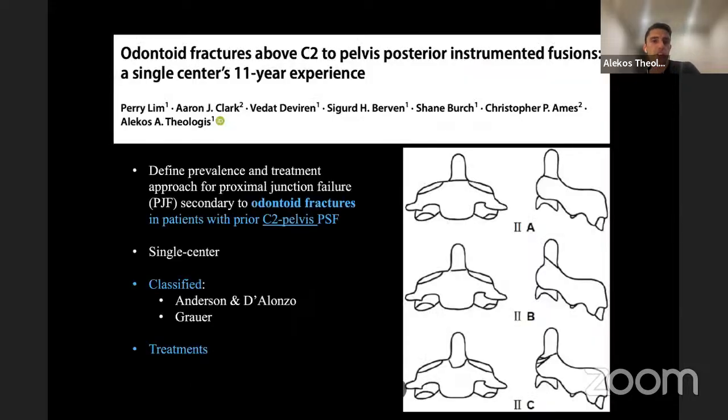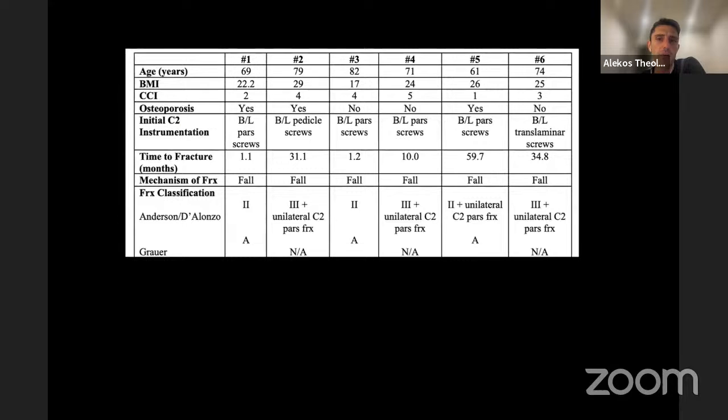We did a study recently, a single center study just at UCSF, looking at all our patients C2 to pelvis. We looked at those patients who developed dens fractures versus those who didn't to determine prevalence and also look at treatment approaches. We classified the dens fracture based on 2 classification systems. And these are the data for the 6 patients who developed it.